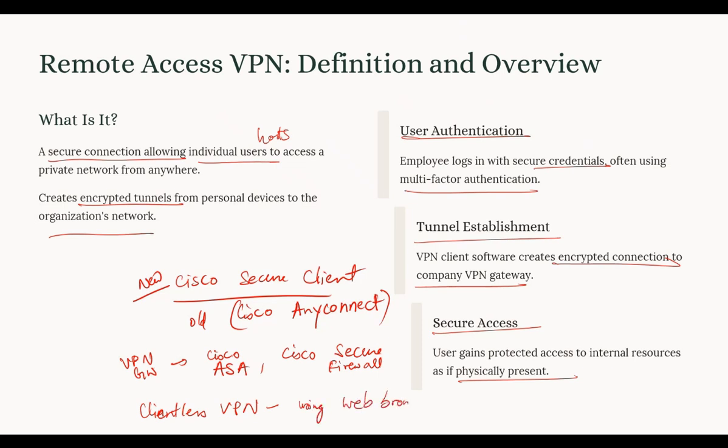So you can connect using the normal web browser, but it is not supported on the new or the latest Cisco Secure Firewall or FTD. It is available in ASA only up to version 9.17. That's it. So in the new Cisco Secure Firewall, clientless VPN is not supported. It is only client VPN.